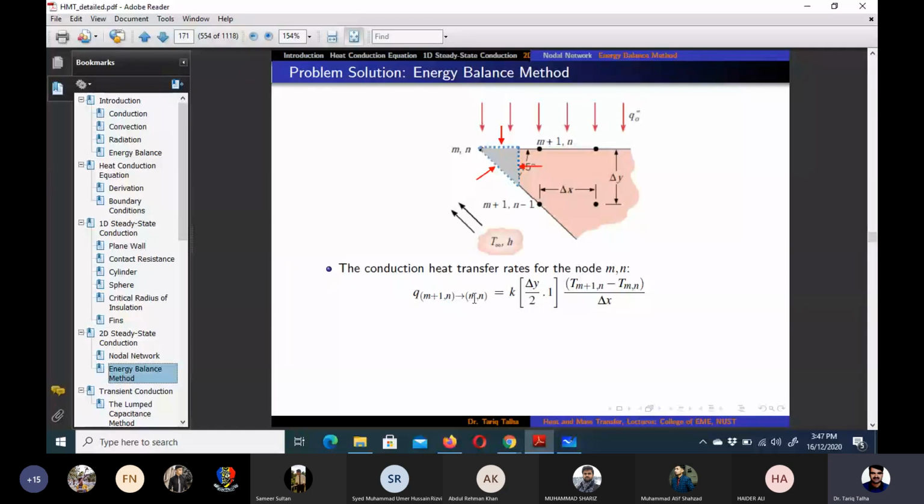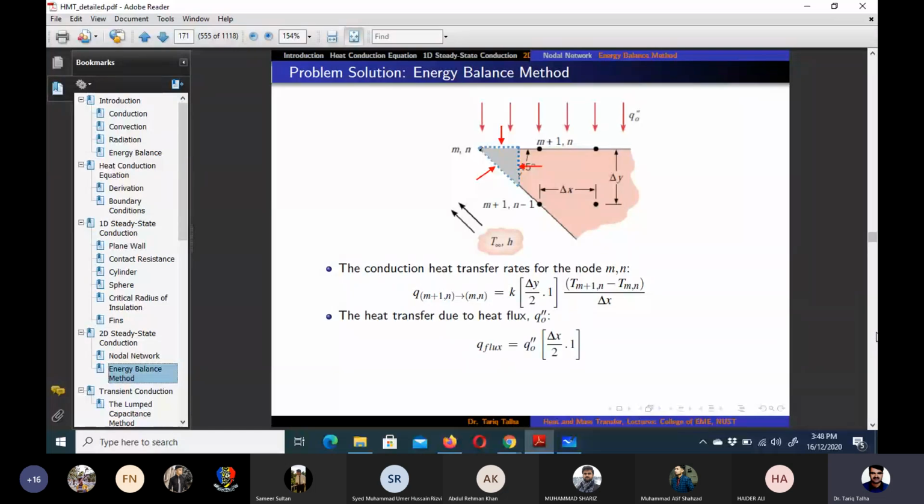If we want to calculate the conduction heat transfer from the node M plus 1 N to the area of influence of Mn, that would be equal to K into the area available, delta y by 2, which is half of the total delta y, into 1, again I would repeat, the unit thickness or unit width into the depth, and then Tm plus 1n minus Tmn divided by delta x, which is the total distance between these two nodes. So this was conduction heat transfer.